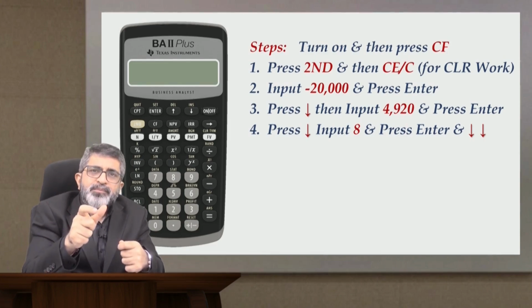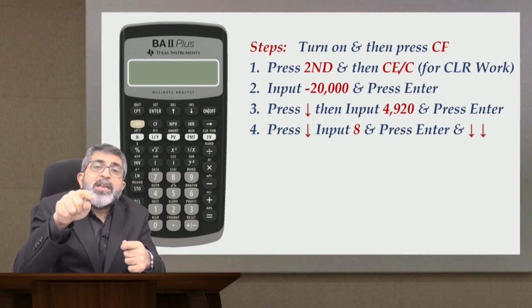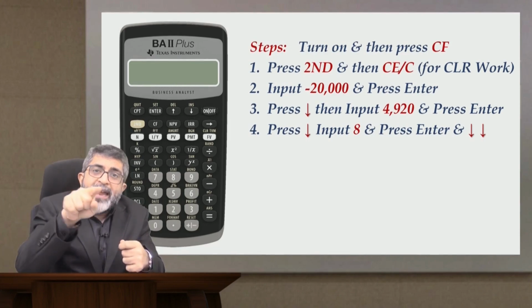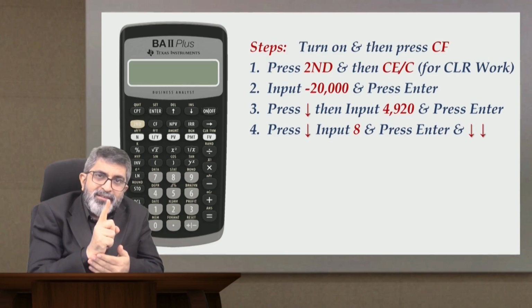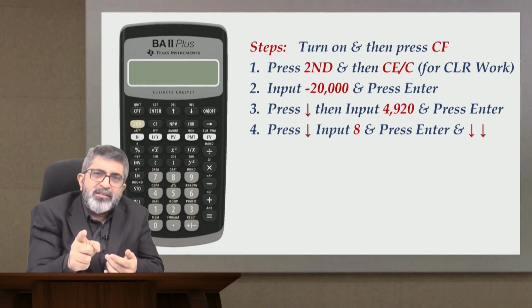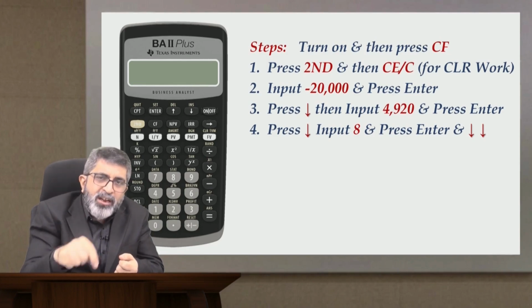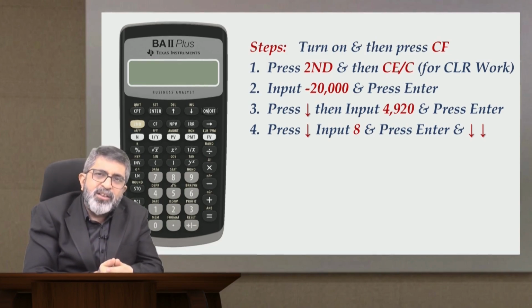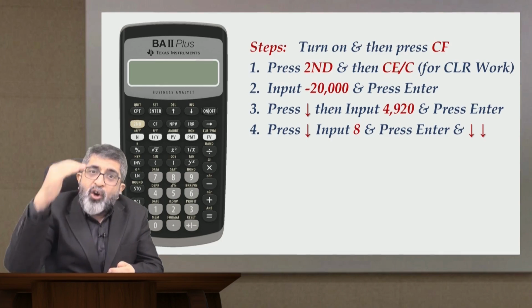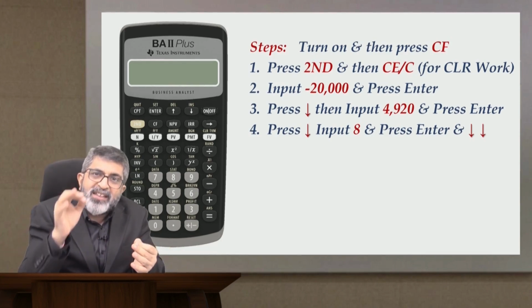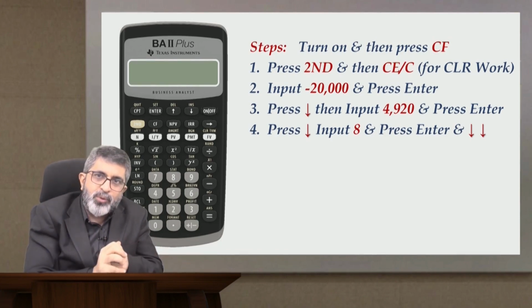So right now when you would have input 4,920 and press enter and you press the downward arrow key once, it will demand the frequency starting with F, and by default the value over there is 1. You want to change that 1 to 8, and when you change that 1 to 8, because frequency is 8 years, you will be finding that all 8 years input is done, correct, because frequency is 8 years for that particular cash flow.